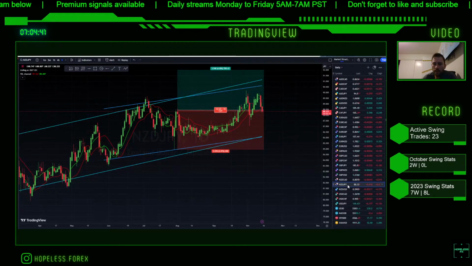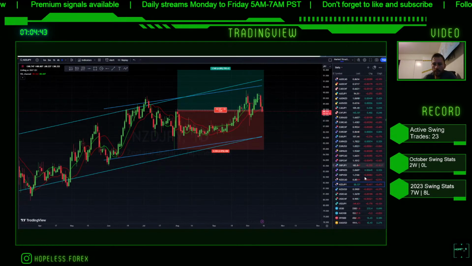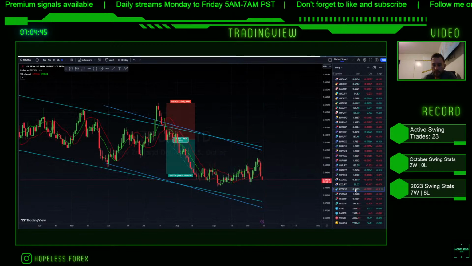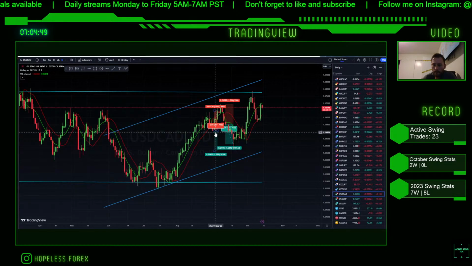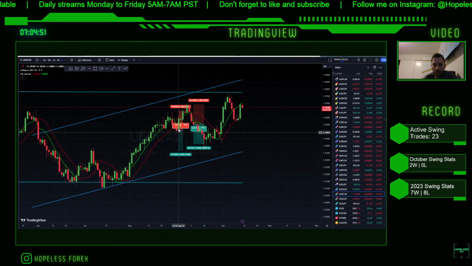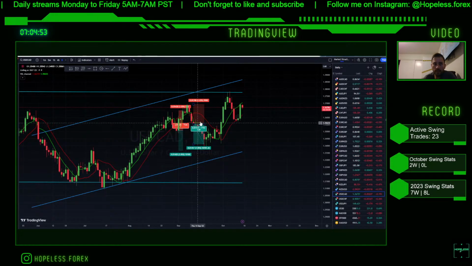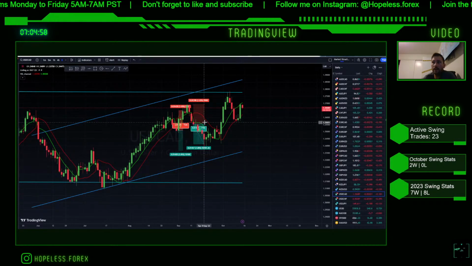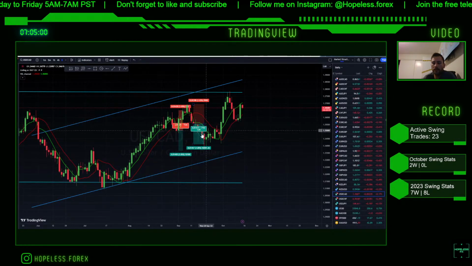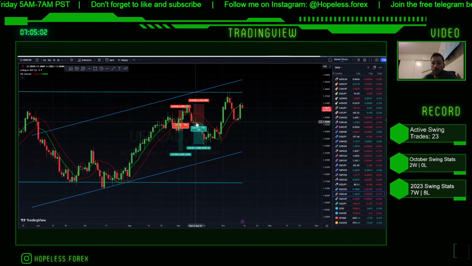Okay, NZDJPY, again, pretty similarly. This guy's slightly negative, and no trade. USDCAD, unfortunately, this was a loss, and this trade wasn't taken. I wasn't paying enough attention to all of my currency pairs that I follow, and I never actually took this trade, which is unfortunate because it was a winning trade.